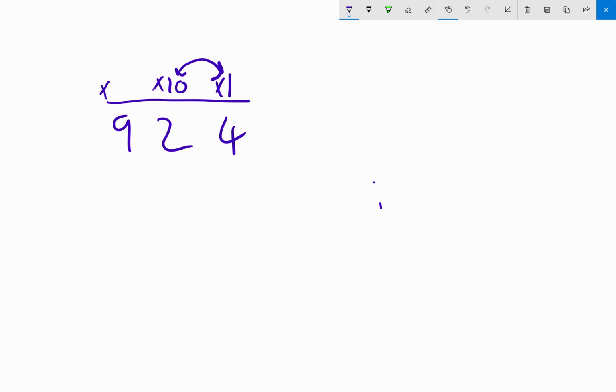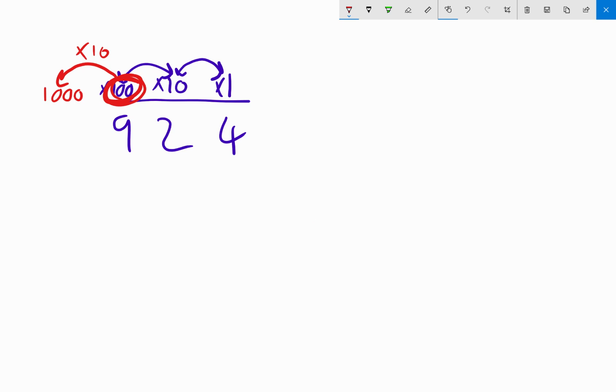The next column is worth 100 because there are 10 digits in our number system multiplied by the previous column gives us 100. So it doesn't take a genius to work out that the next column is going to be worth 1,000 because it is the previous column value, 100, multiplied by 10 gives us 1,000. And the next column would be worth 10,000, 1,000 times 10.